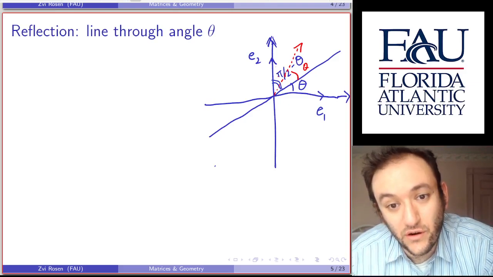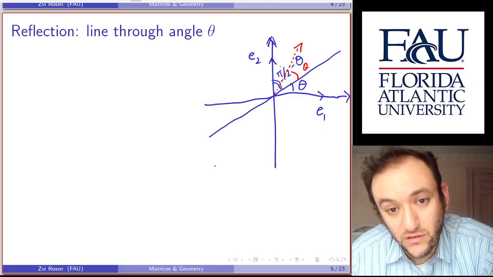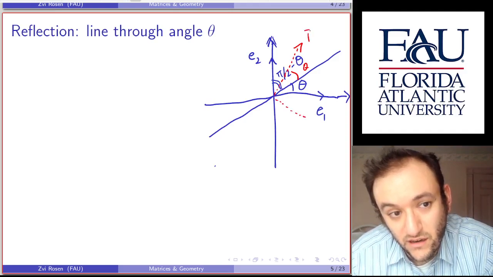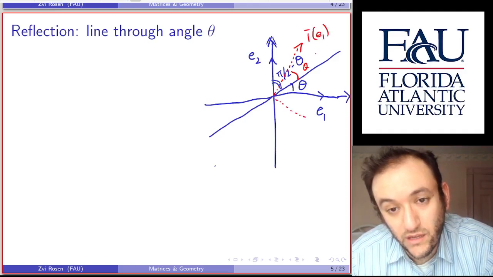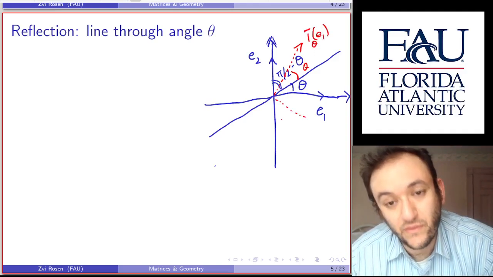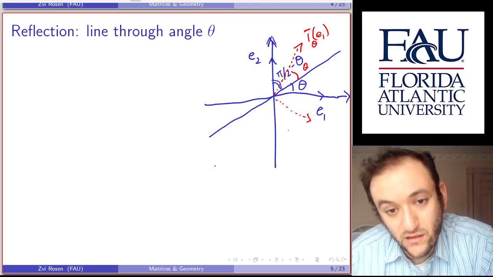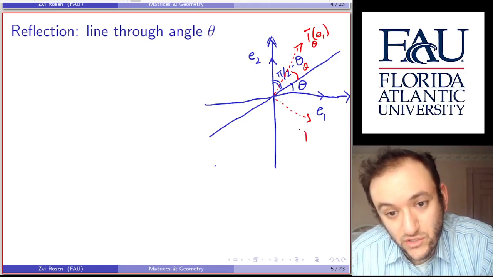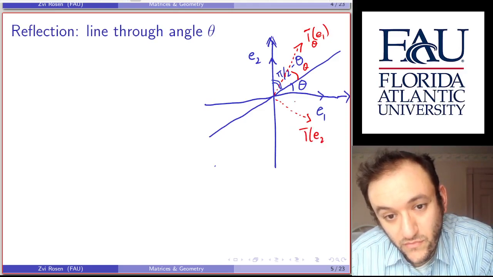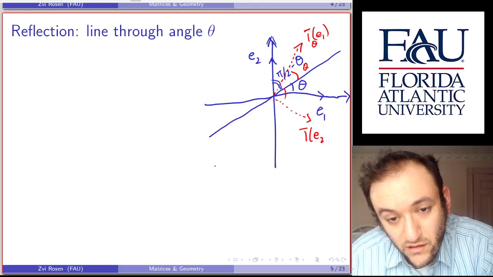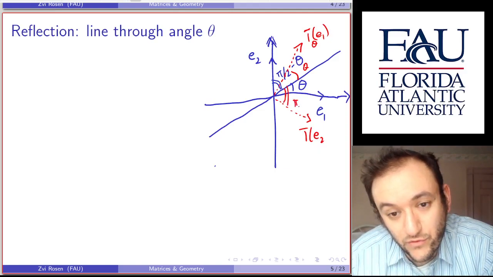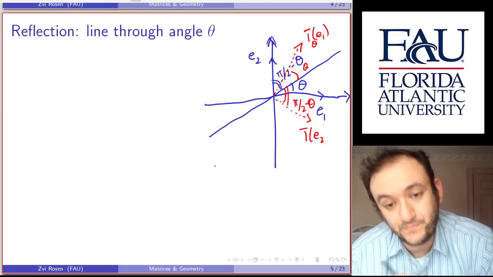And as for E2, same idea. So this should be T of E1, let's call it T theta. And this will be T of E2, and it will be pi over 2 minus theta in this direction.